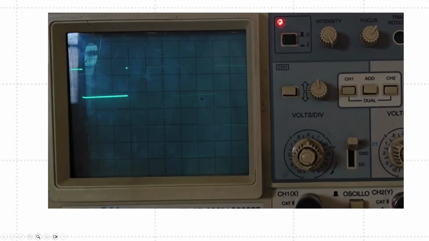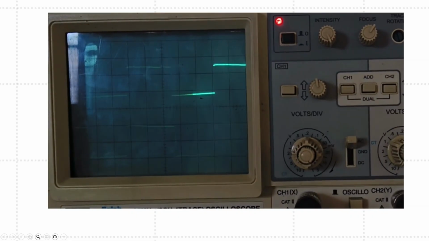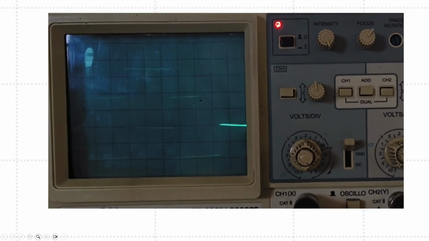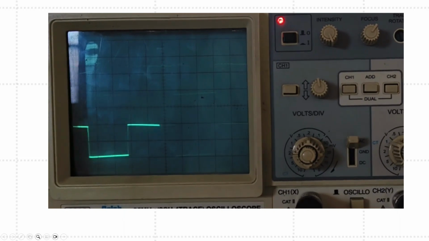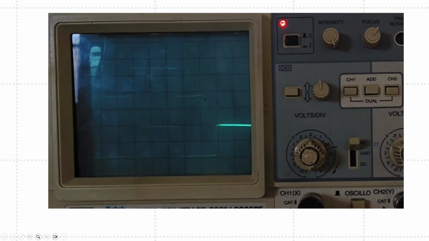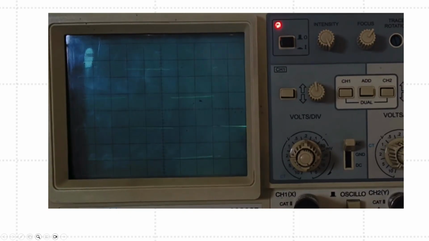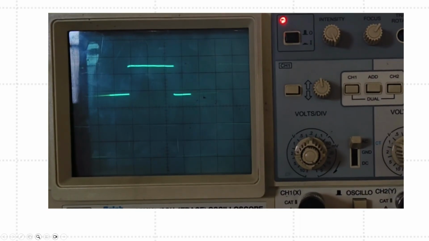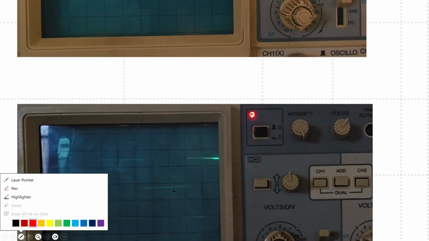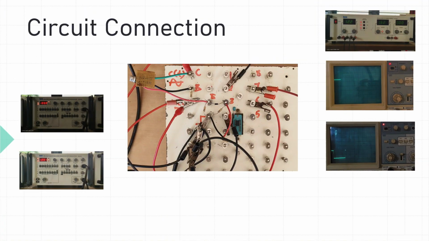Here you have to measure T on of this output wave, and total T. You have to find the duty cycle on this wave. So T on you have to measure and T you have to measure for this wave. Duty cycle is nothing but T on by T.